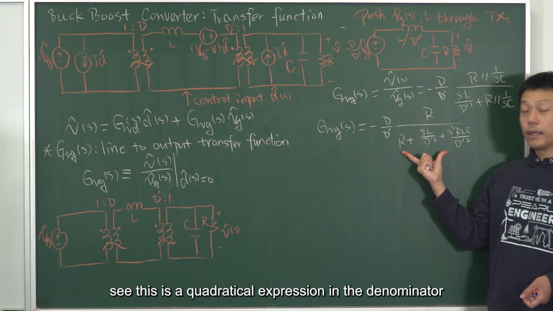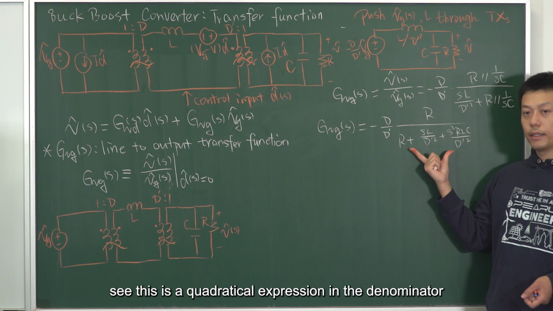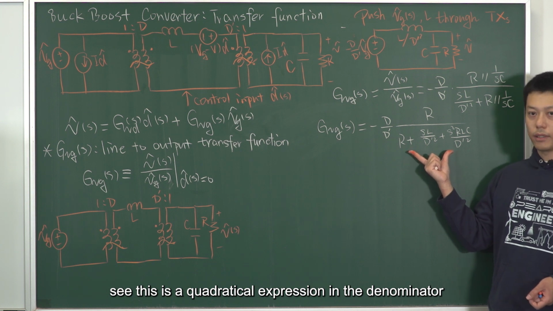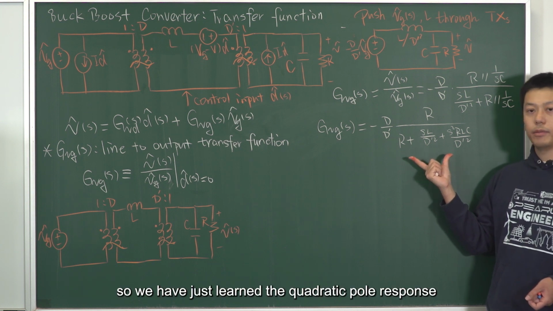See, this is a quadratic expression in the denominator. So we have just learned the quadratic pole response.